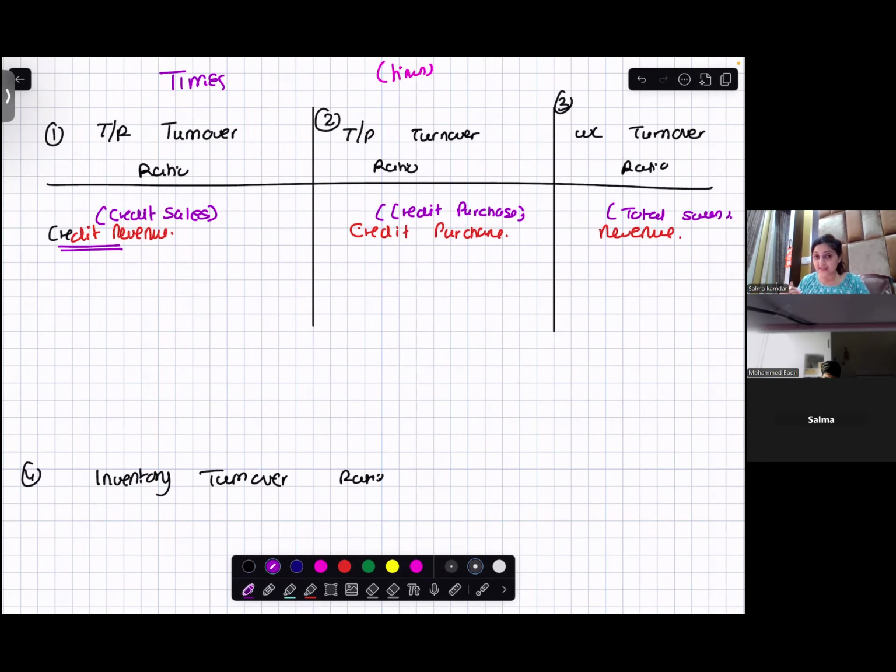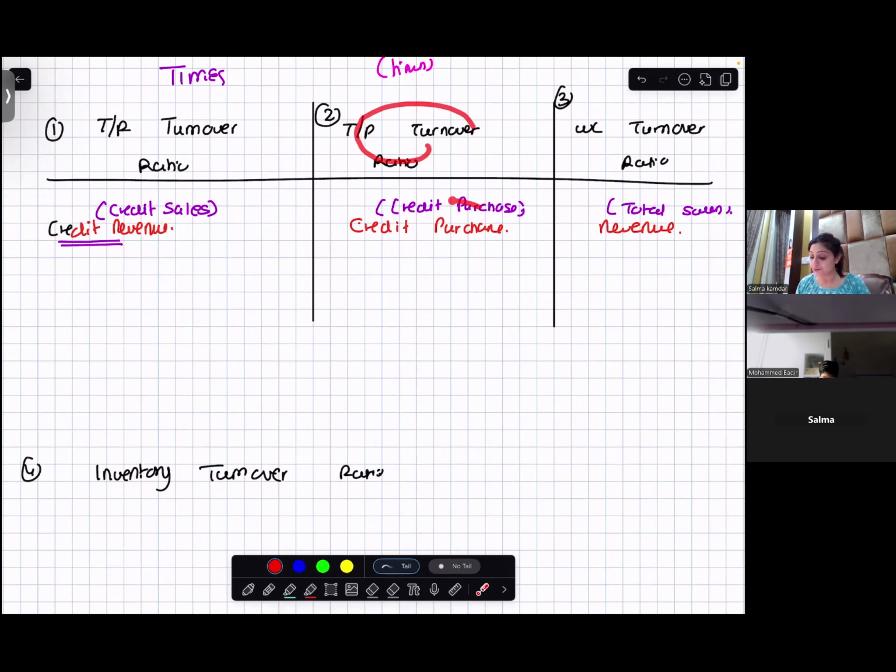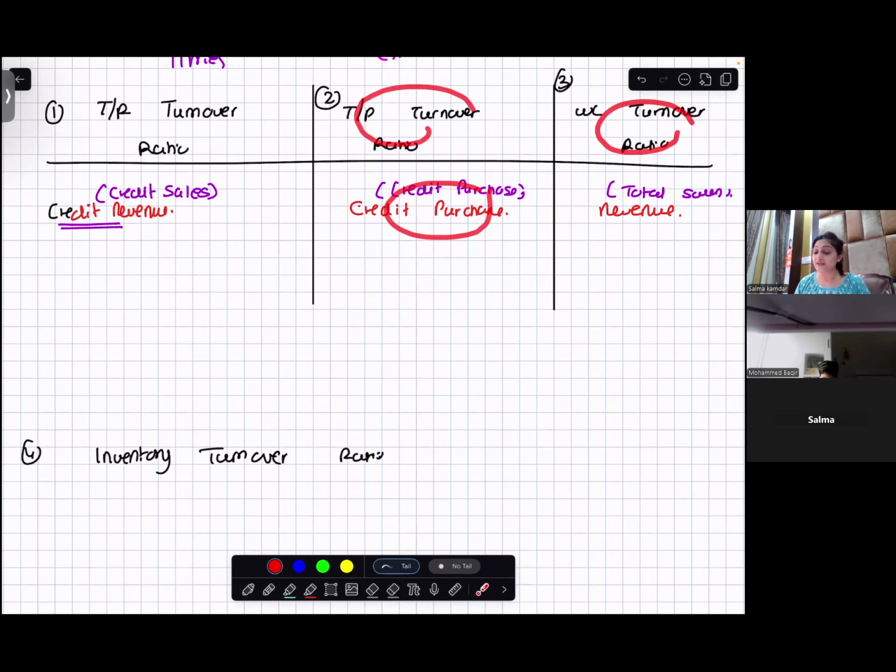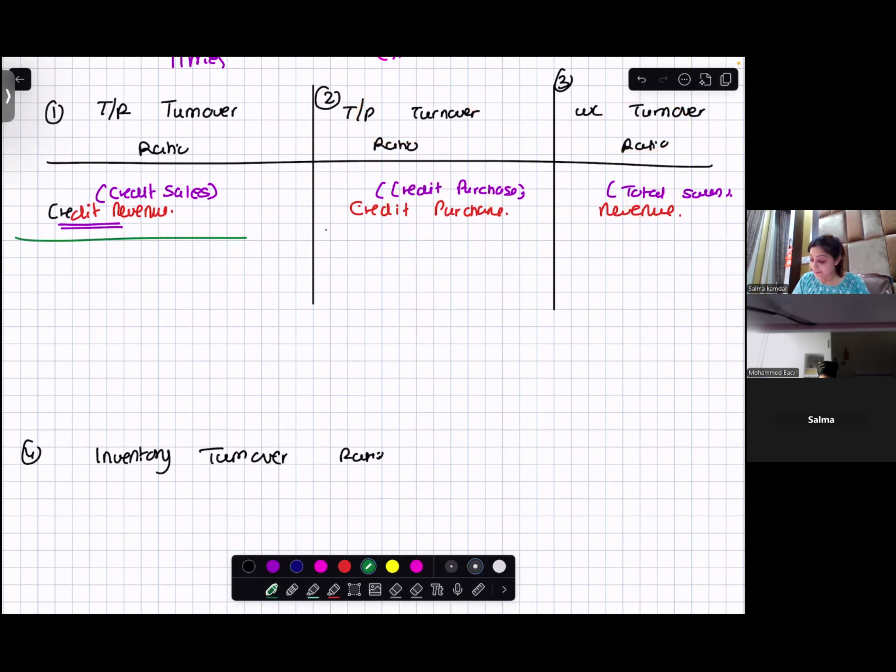So whenever there are these turnover ratios, your numerator would always be your revenue. For the trade receivable turnover ratio, you will have credit sales. Trade payables turnover ratio, you will have credit purchases. Working capital turnover ratio, you will have total sales. Now, when you divide it, here you divide it with your average trade receivables.